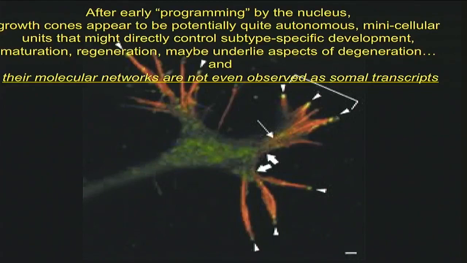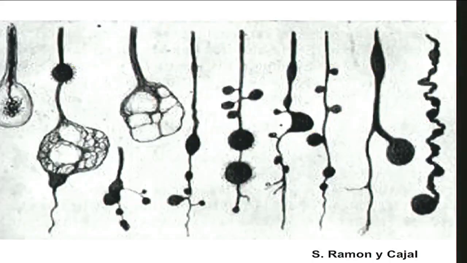And the striking thing is the molecular networks I'm telling you about are not even observed as somal transcripts. So if we do full transcriptomes of cells in culture from somas, we're not even going to see maybe much of their operational circuit building, maintaining, and functioning machinery.